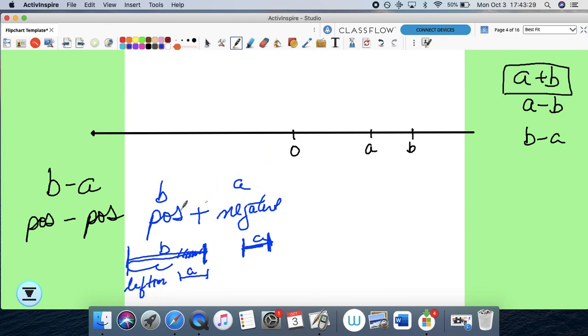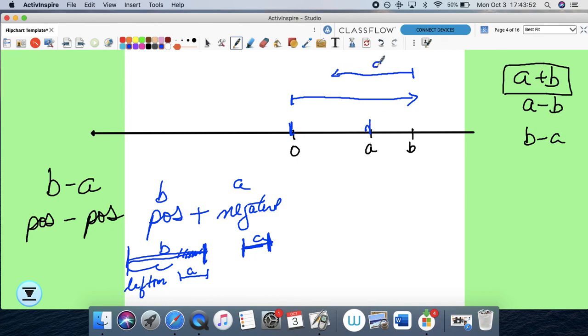So if you look at it this way, here's my positive. I'll walk to B, and then adding a negative means I'm going to go to the left on the number line. How far left am I going to go? I'm going the distance of A, however big A is. A seems to be this big, from here to here.